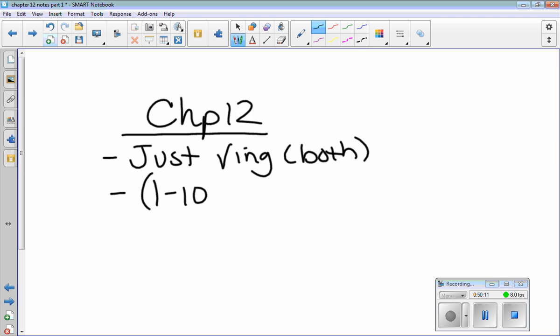You only need to do D and E for each of those. They ask you to identify the population, the parameter of interest, the sampling frame. We're not going to do that. Just tell me what kind of sampling method and what kind of bias. Kind of like what we did in 11 and 12, right?